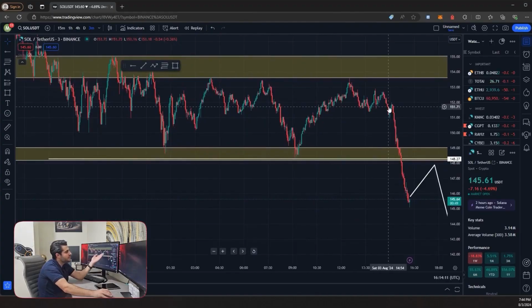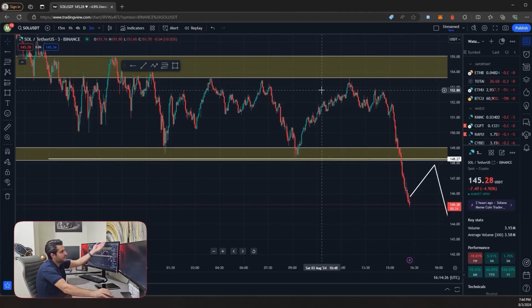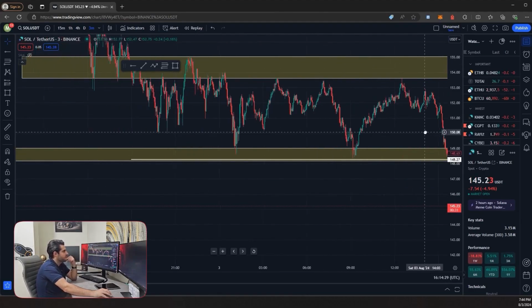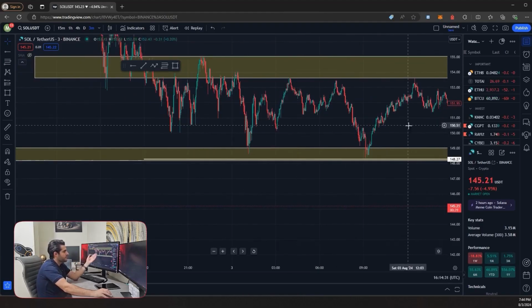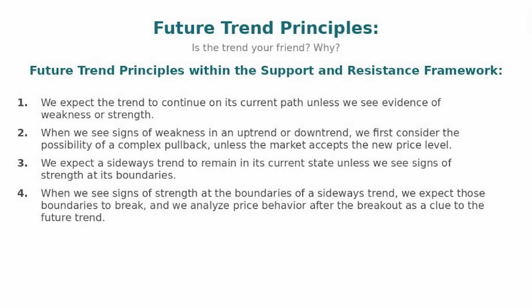When do I expect a support or resistance level to break? Where I see strength as the price approaches a specific zone. Where I see an increase in momentum and speed as it nears the resistance level. So we expect this to hold unless we see signs of strength at the support or resistance levels.